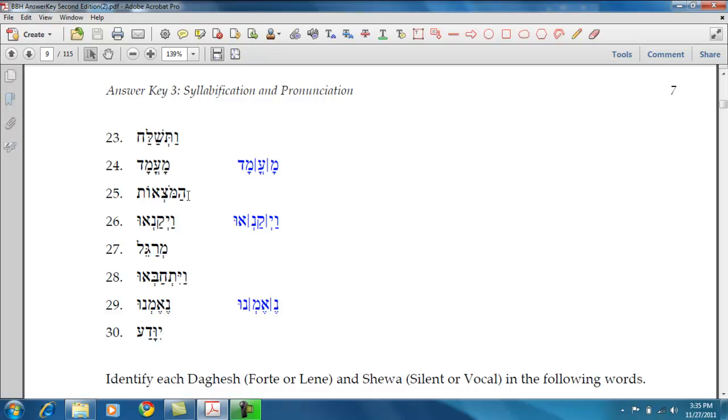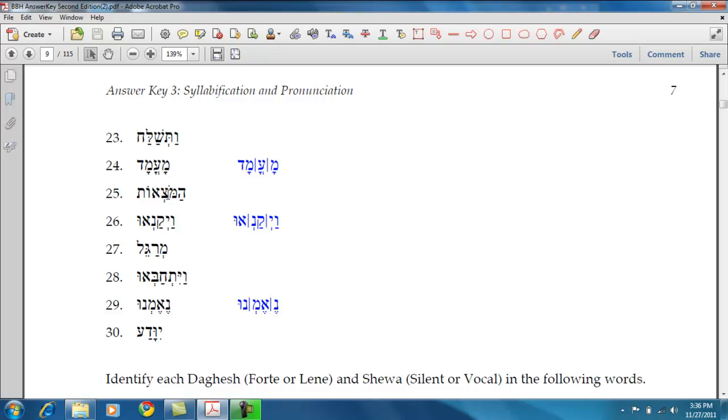25 is hamot seot, and we have basically the hey and the patach with a double dagesh because mem is a non-begadkefat letter, so we know it doubles. So we would go hey patach mem, and then mem holam.